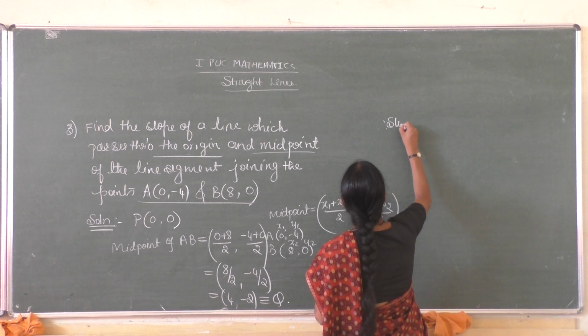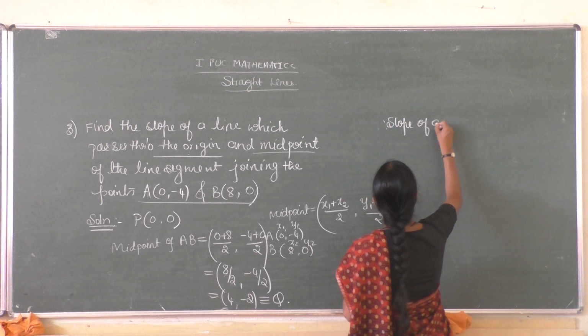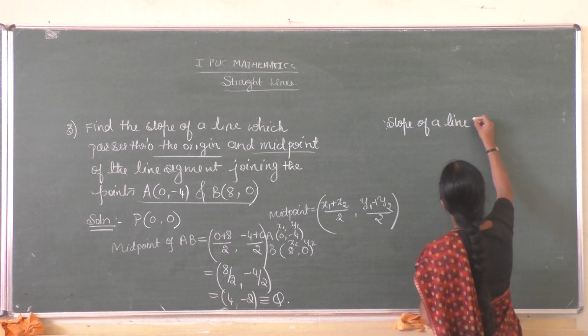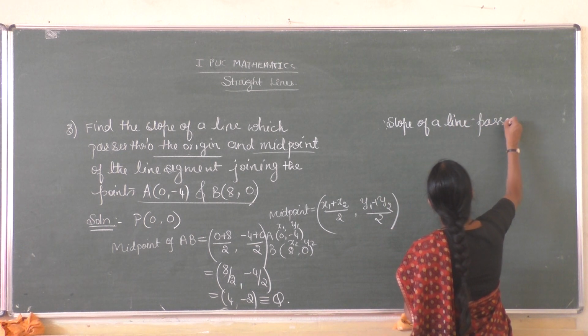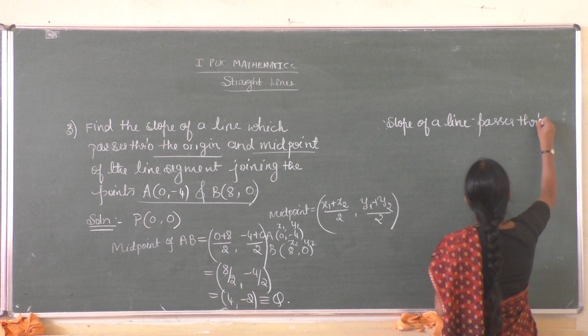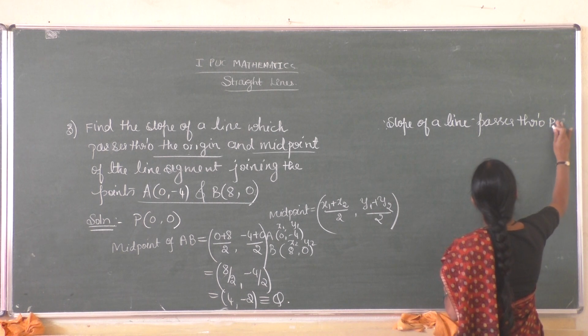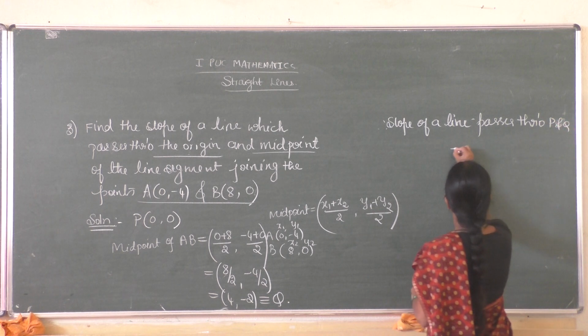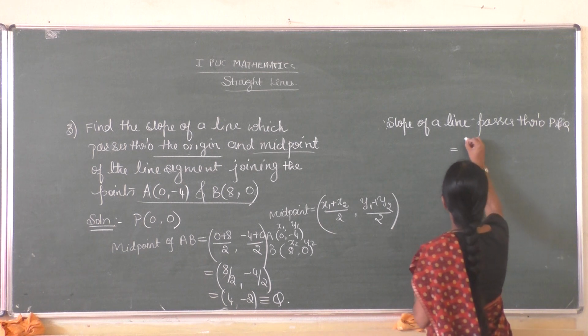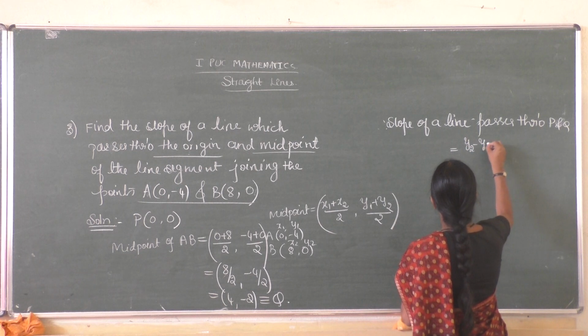Now the slope of the line which passes through P and Q is equal to, what is the formula? y2 minus y1 divided by x2 minus x1.